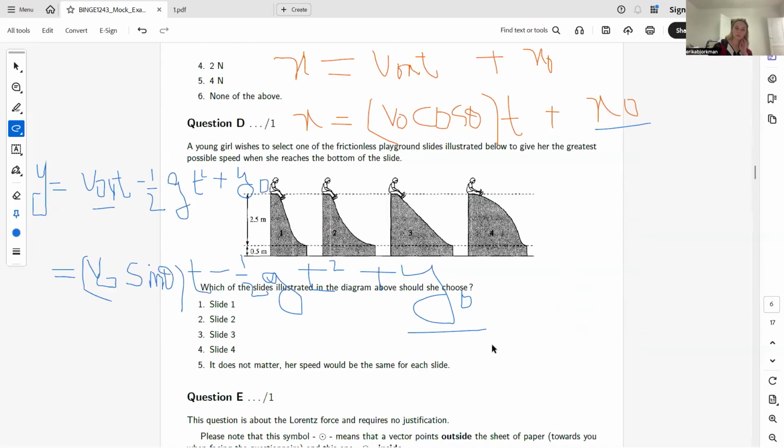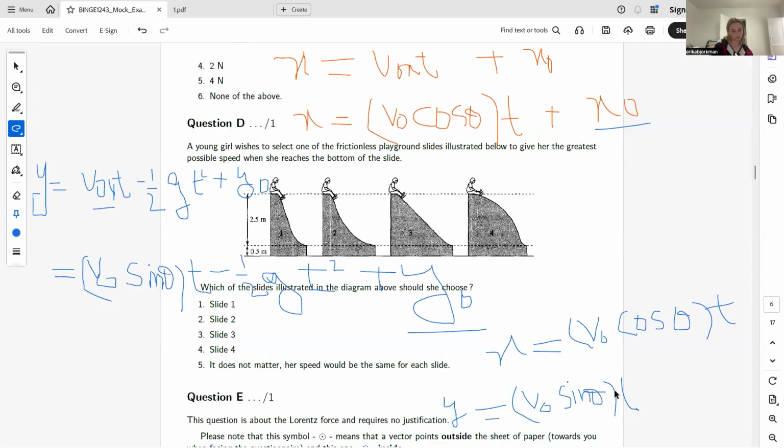Then my final equations will become x is equal to v naught cos of theta into t, and y is equal to v naught sine of theta into t minus half gt square.